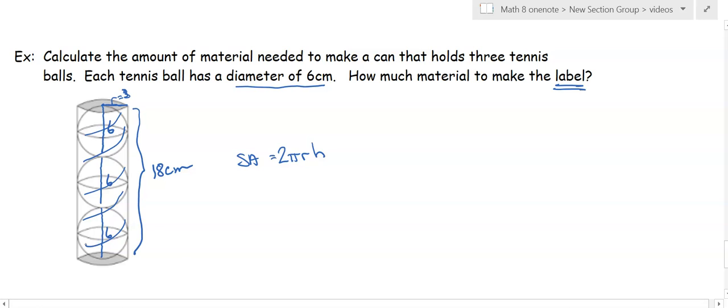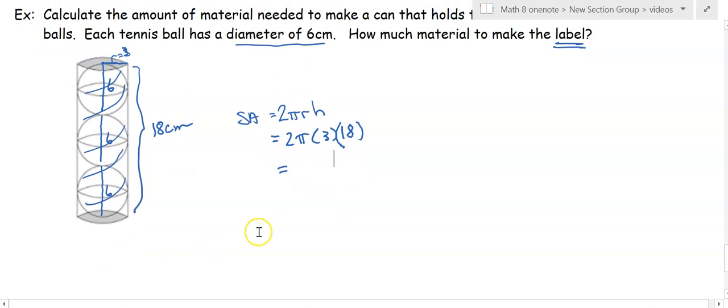I would not include the 2 circles. And you go 2 pi r h. And you could type that all in the calculator to get the approximate answer, or you could type in 2 times 3 times 18 and leave pi in it for your exact answer. All right, so now you can go to the worksheet and you can practice your surface area of cylinders.